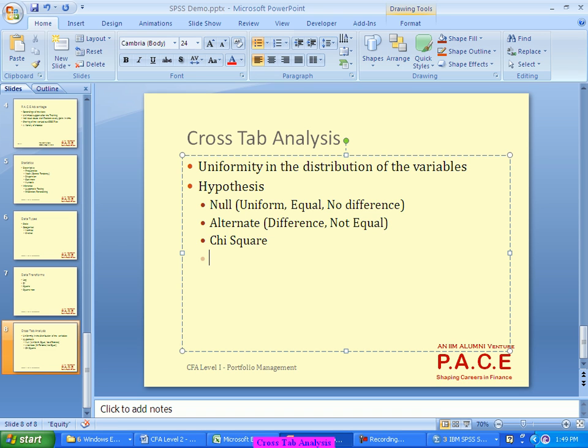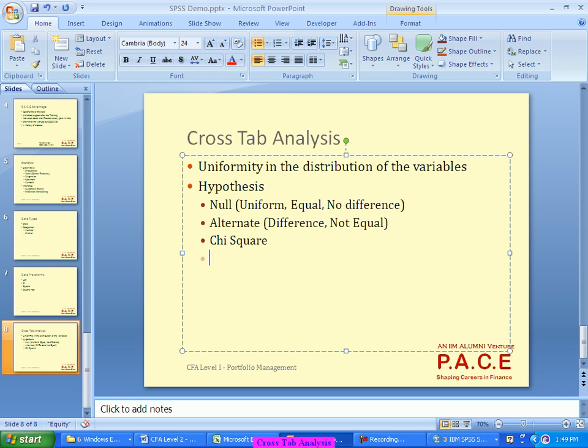That's again a statistical distribution. There's a big complex formula involved in it, but the tool simply gives us the output. Now all I have to do is evaluate the output which the tool gives me, and base my decision on that. So here the focus is more on the decision making rather than the calculation aspect.